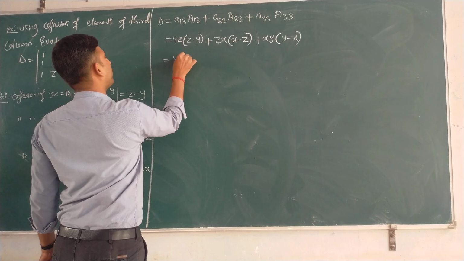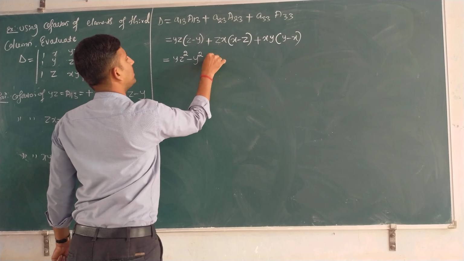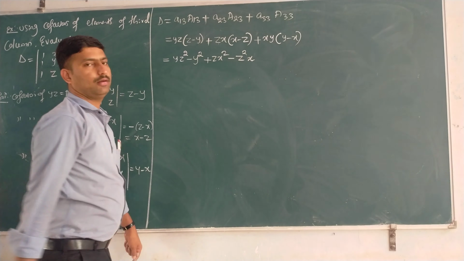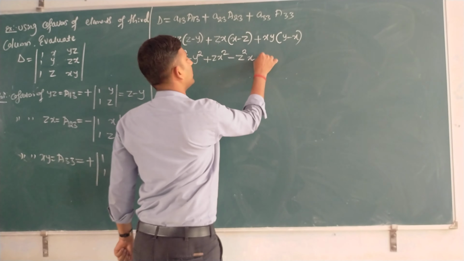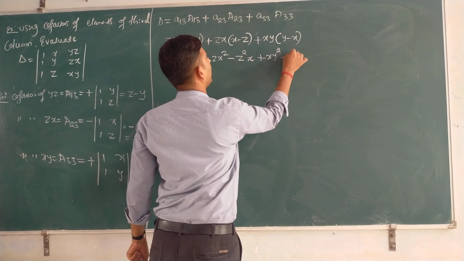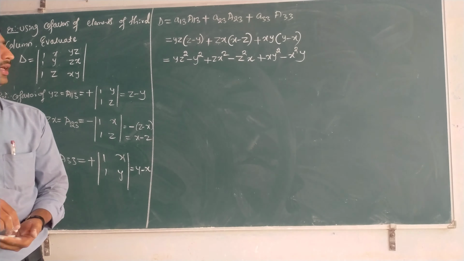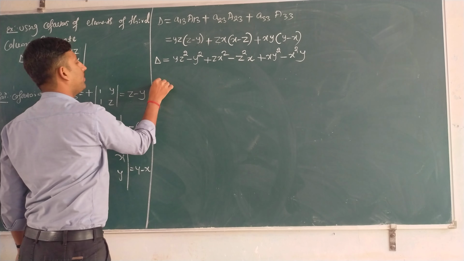Y into z square minus y square, after that plus z into x square minus z square, x minus z into z square x, plus xy square minus x square y minus x into x square y, which is the value of delta.